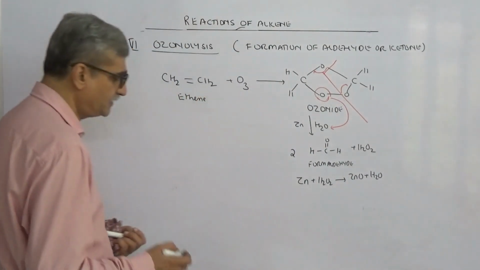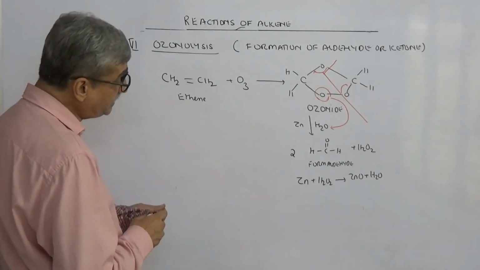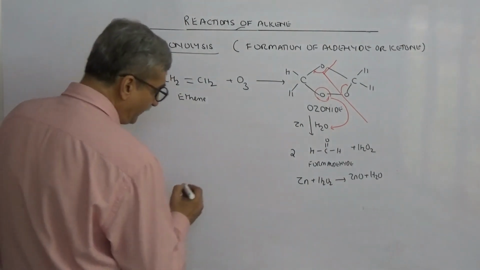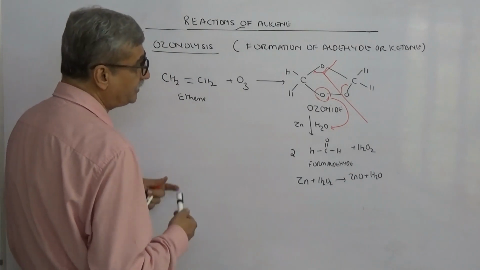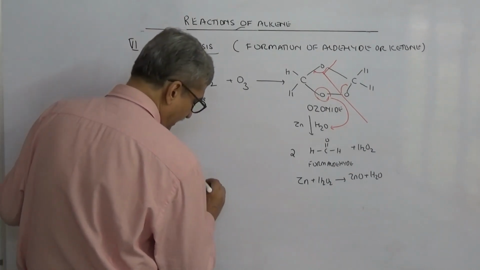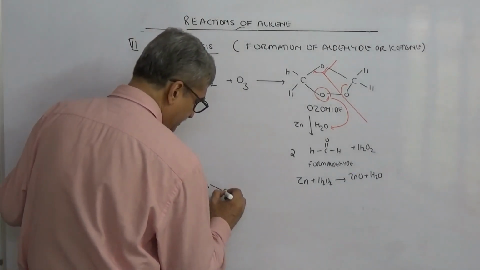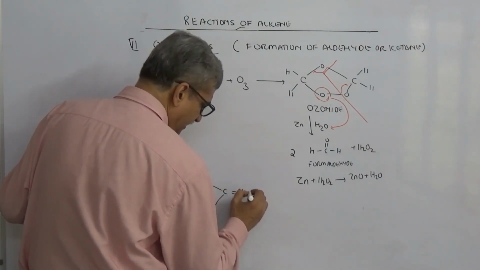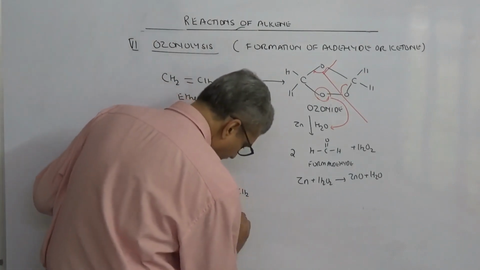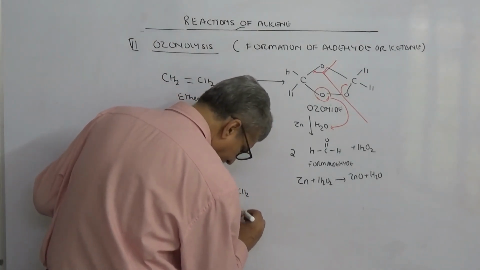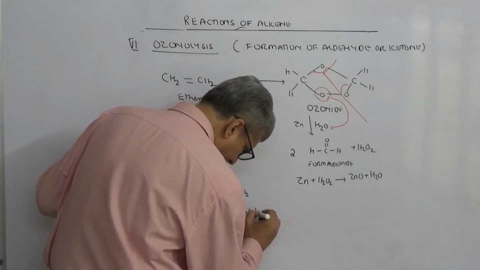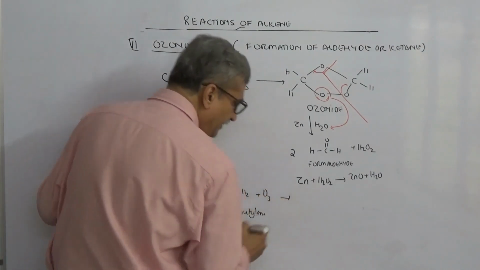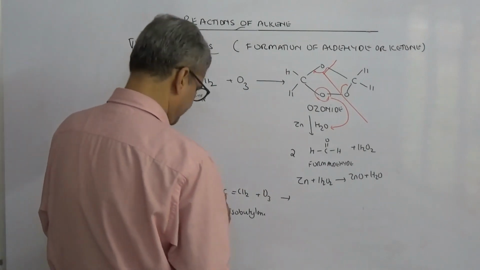Is this point clear? So if I take, let us say, isobutylene, I will end up with a ketone. So I have CH3 C=CH2. So this is isobutylene, and when I react with ozone, I get an ozonide.